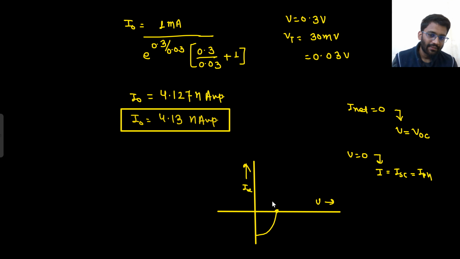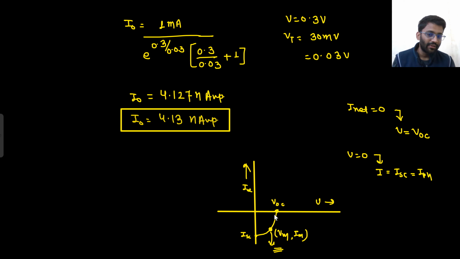So this point is our VOC, because at that time your I net is 0, and this point is our ISC. And at this point, this is our VM into IM. So at this point our power is maximum, and they are talking about this point only.